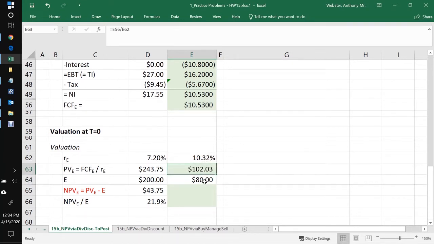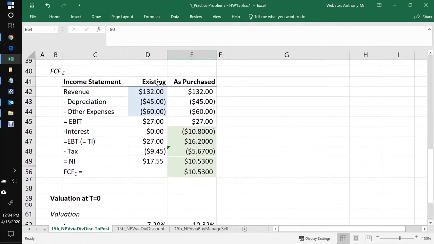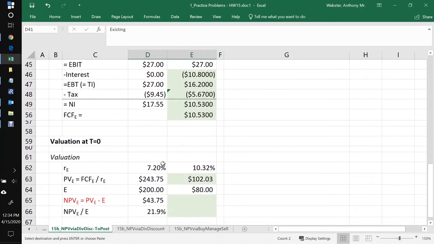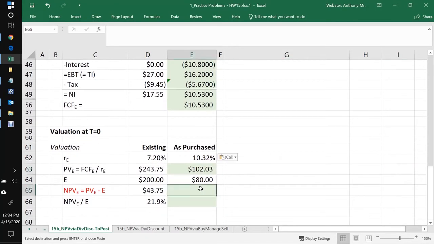102.3. And in our as purchased condition here, the NPV of this project is going to be what are all the cash flows for us if we buy this firm? Well, the first one that we're going to have is a big negative equity, 80 million. That's what we pay the private equity firm out of our own funds to own this firm.